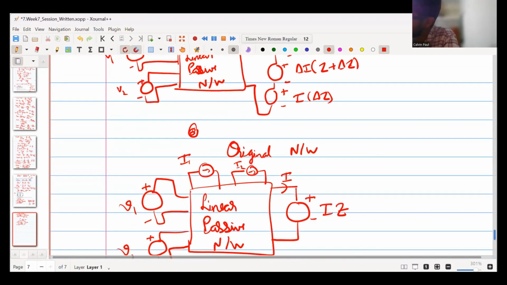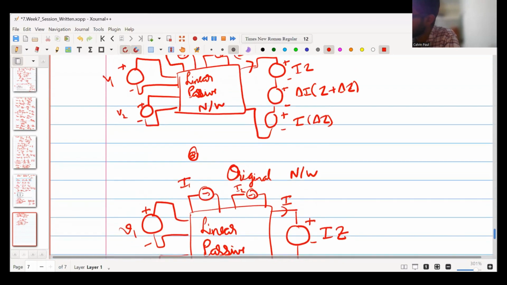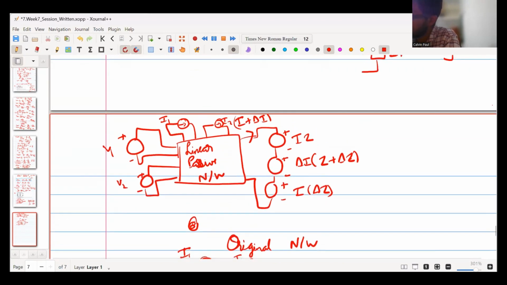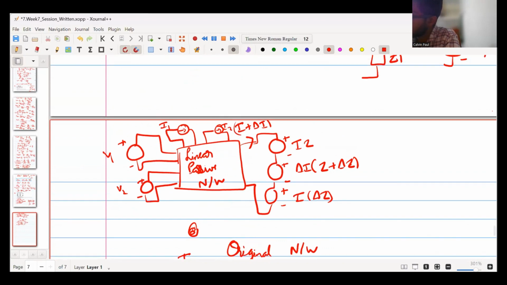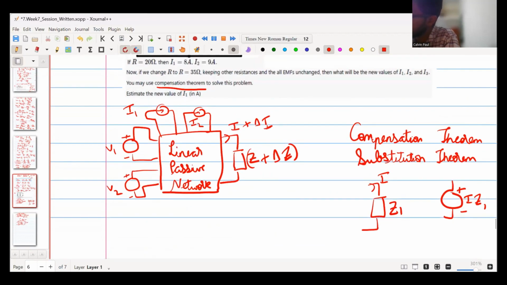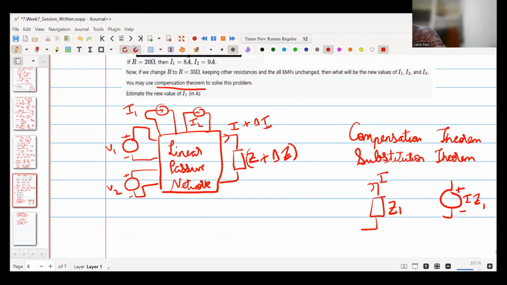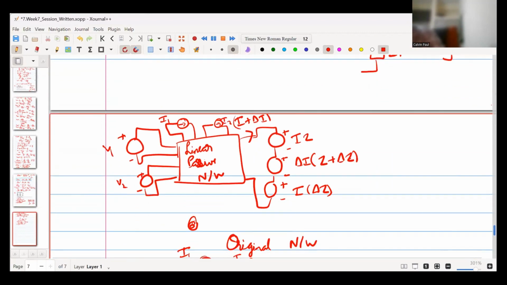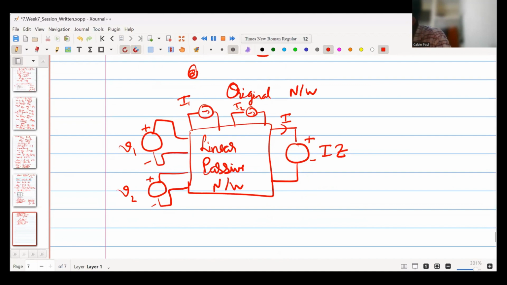But over here, the current is just I. So the current here is originally just I. But in our new network, the current is I plus delta I. So if we want to apply superposition theorem, then what is the change? Now I want to apply superposition theorem.